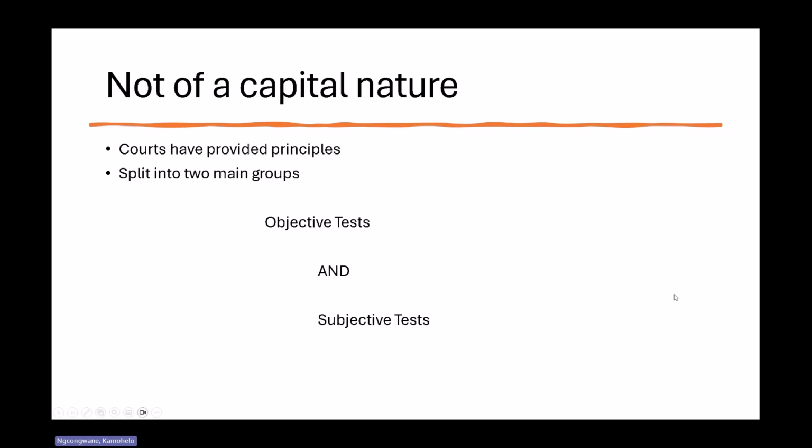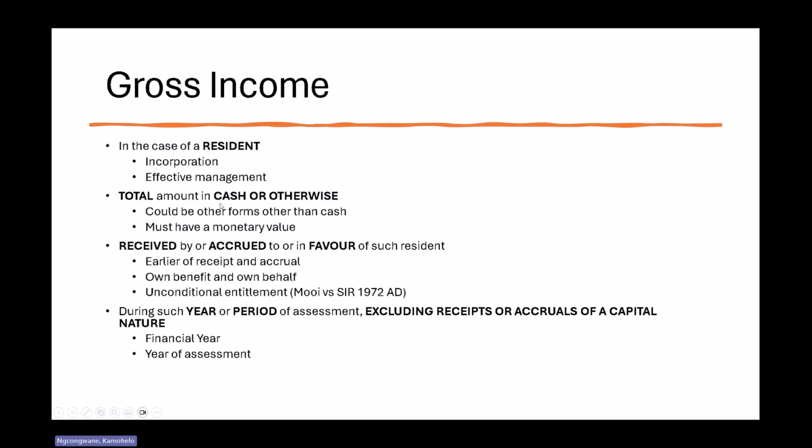For now, the most important thing to understand is what is a resident in relation to a company. We went through what it means to be incorporated, and what it means to have effective management within a country, and how that then relates to determining whether a company is a resident or not. That's the only thing that's important now.